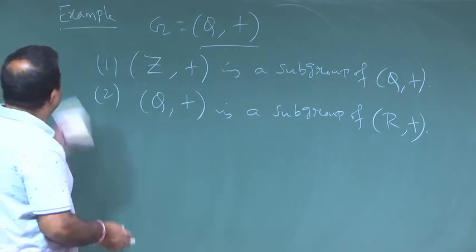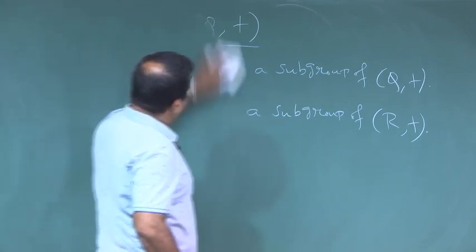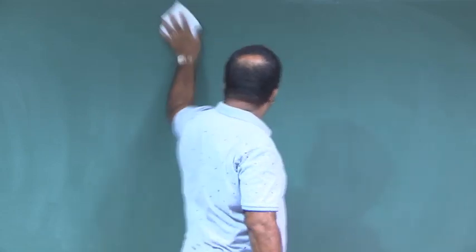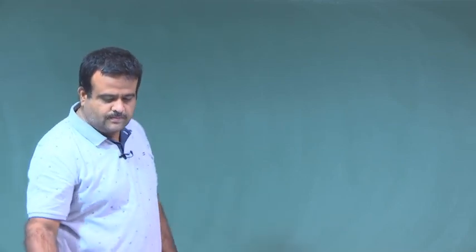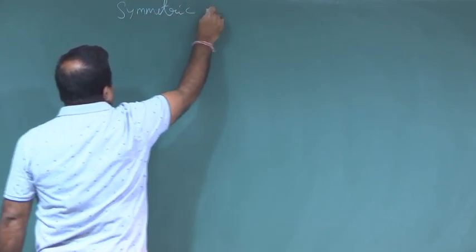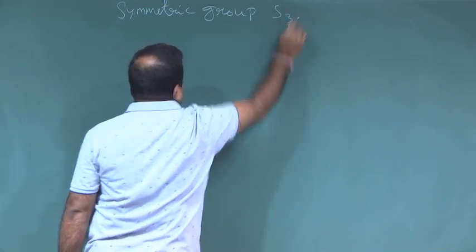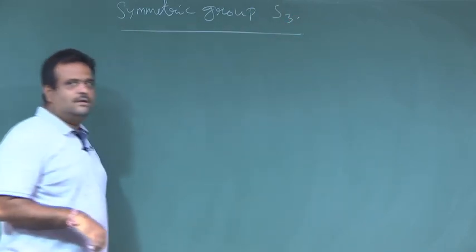We can take some example like the symmetric group S3. S3 means this is the set of all permutations of order 3.